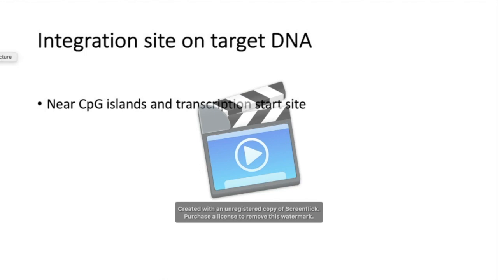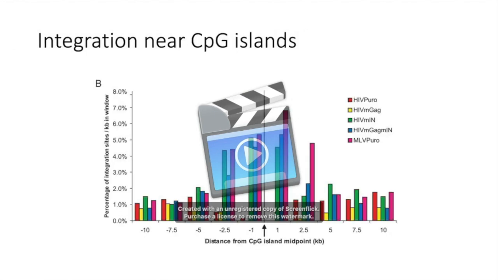So focusing on the integration site on the host DNA, one study focused on the frequencies near CpG islands and also the transcription start site. First, looking at the key off to the side. In red, we have the HIV virus with no substitution of proteins from a different virus. In yellow, we have HIV, but the GAG gene was replaced with a murine leukemia virus GAG gene. In green, we again have HIV, but now the integrase is swapped out with the murine leukemia virus integrase.